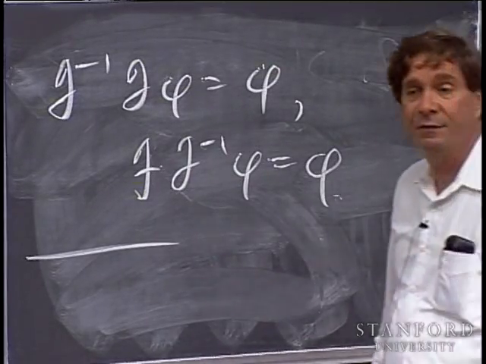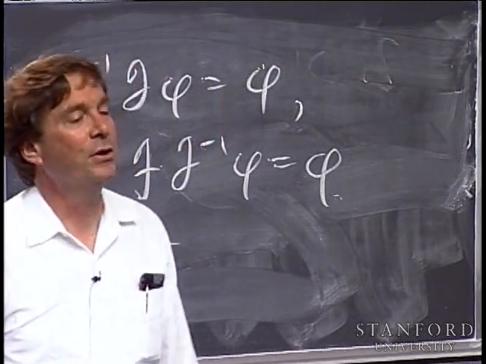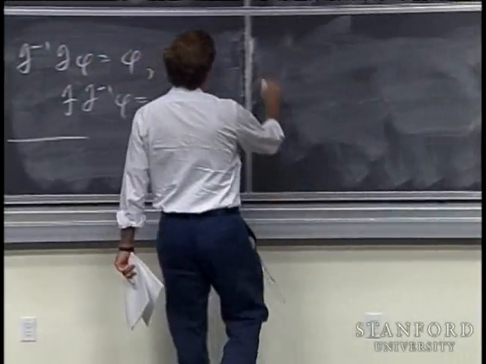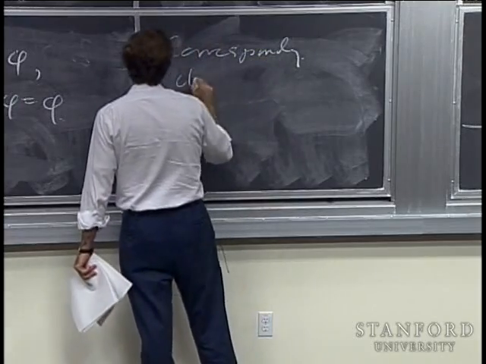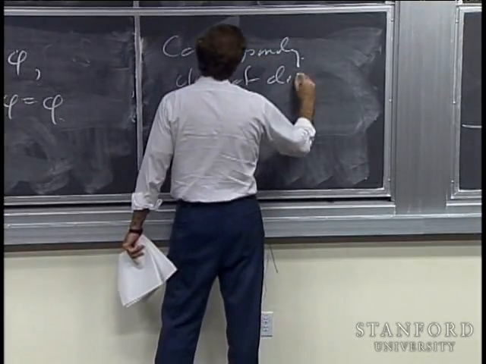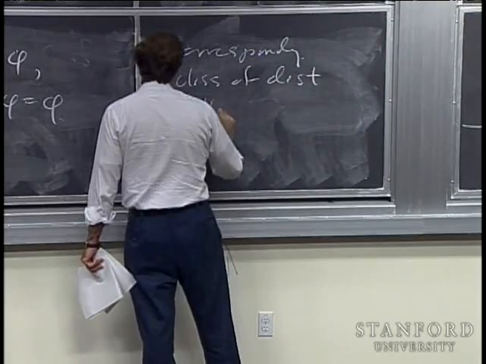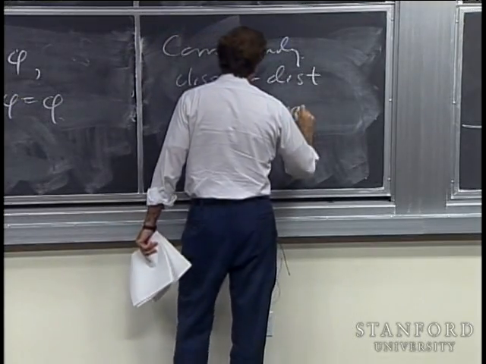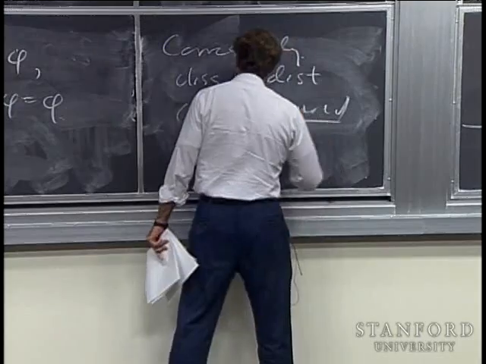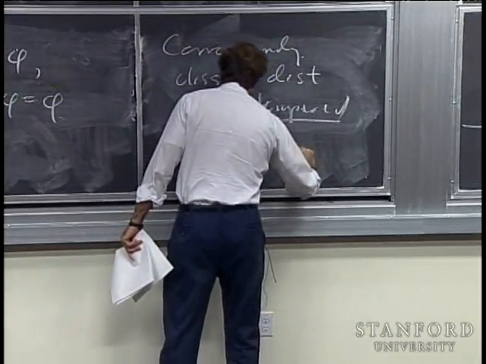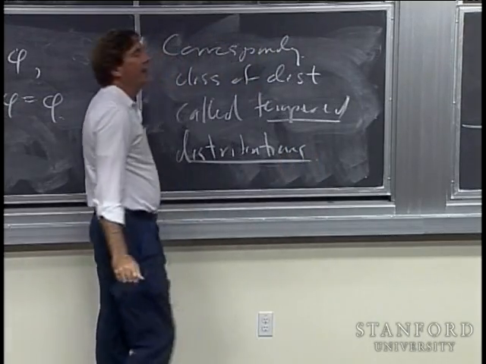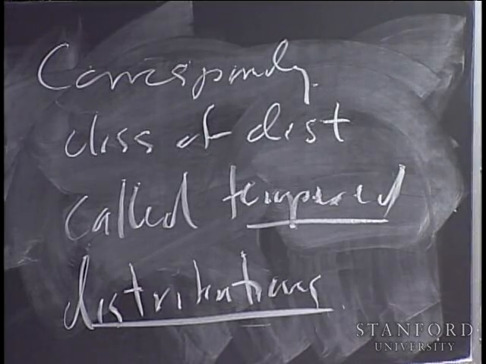The corresponding class of distributions is sometimes called the class of tempered distributions. And what I want to do now is show you how to define the Fourier transform of a tempered distribution to be another tempered distribution.